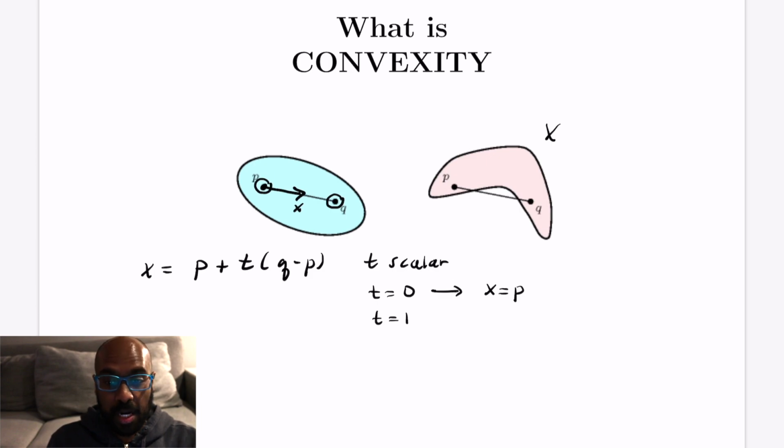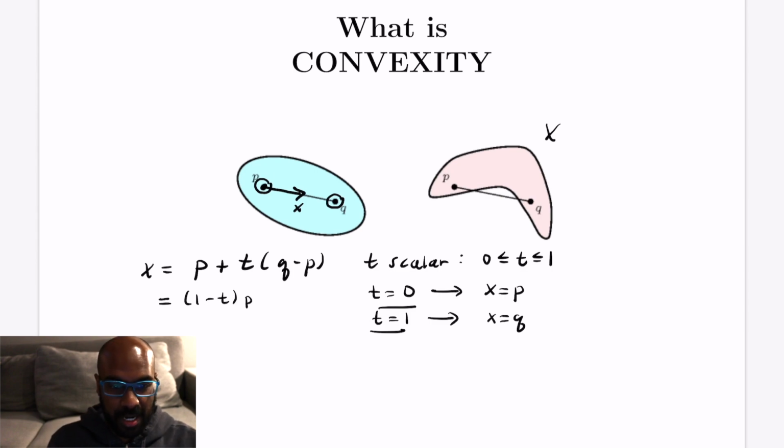And if T is 1, this point is going to be the point Q. So by the continuity of what's going on, the scalars we should be allowed to use to represent points on the line segment are the scalars between 0 and 1. And so we can actually rewrite this point X to see that it's the weighted average of P and Q by taking out the T coefficient and seeing that it's (1 minus T) times P plus T times Q.